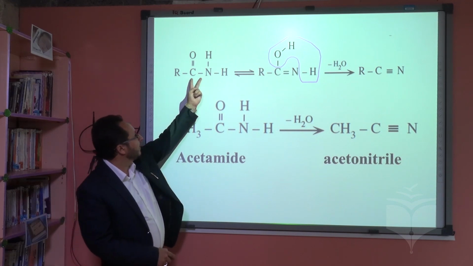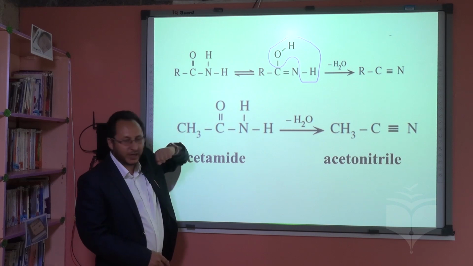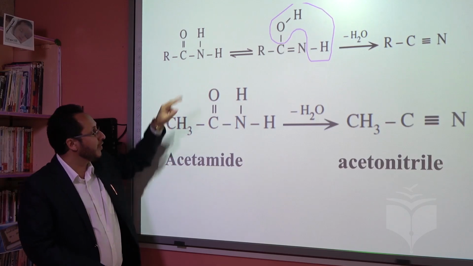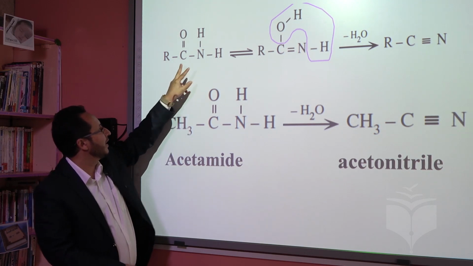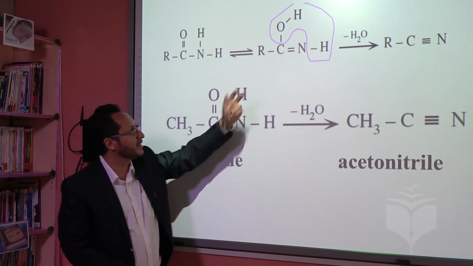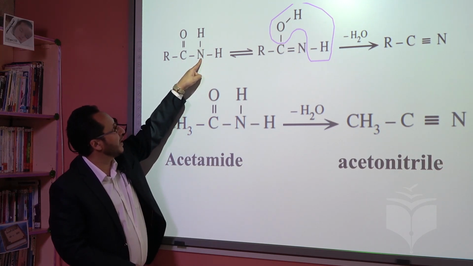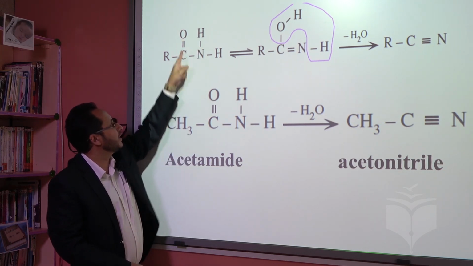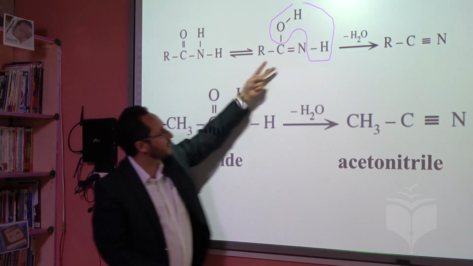Here we have the unsubstituted amide RC double bond NH2. Before this reaction, we have an equilibrium between these two states. This is the unstable state. One hydrogen atom from the nitrogen atom goes to the oxygen, and this bond is put here. Now we will get this figure.